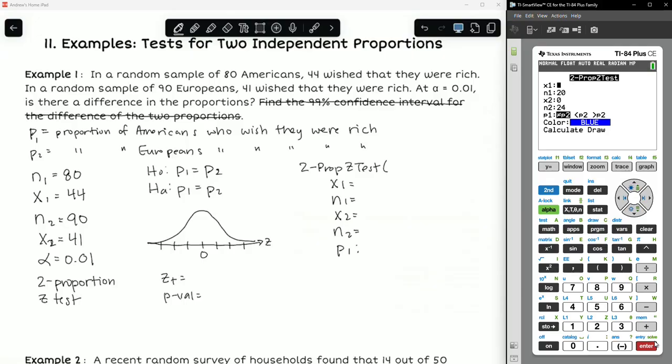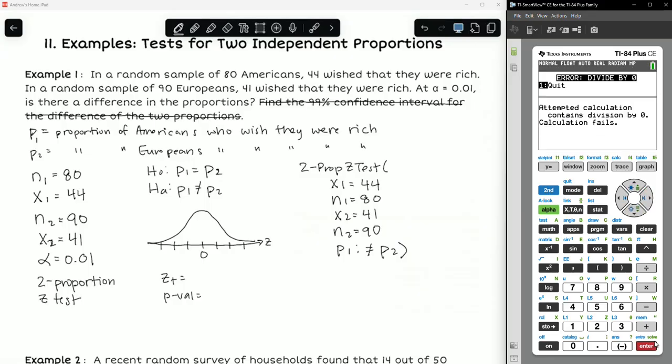So we know successes for Americans was 44 out of 80. For Europeans, we had 41 successes out of 90, and we are testing a claim of not equal to. And we're going to go ahead and go down to draw and see what the calculator says.